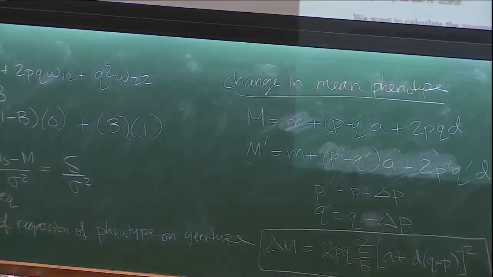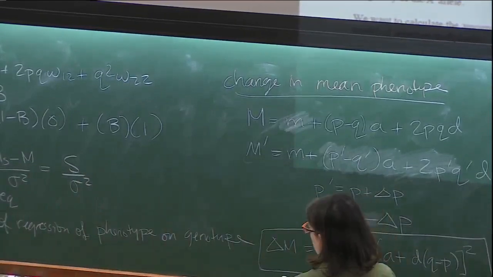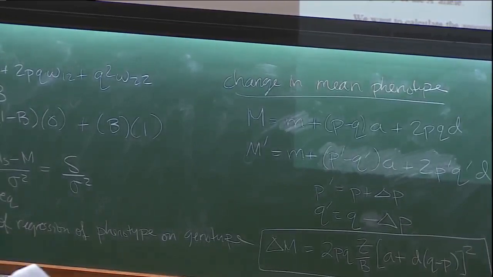Right? And that immediately has similarity to what's going on with the allele frequencies. This term comes in squared. But now we're going to do something to rewrite that in a way that's more familiar. Let's write Z and B in terms of the distribution of the phenotypes.